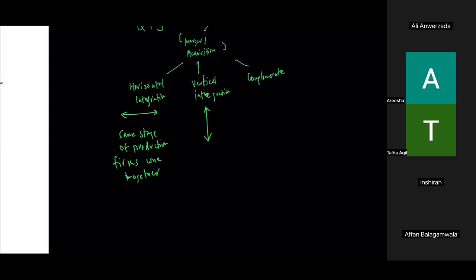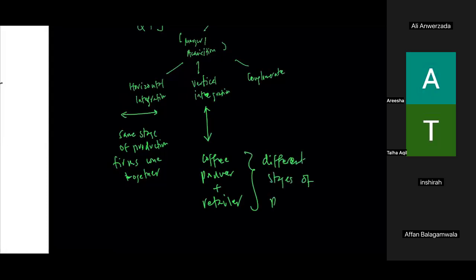Does that make sense? Vertical integration, on the other hand, will be a different stage of production. For example, a coffee producer or farmer plus, let's say, a retailer. If they come together, that is called vertical integration, which is different stages of production.